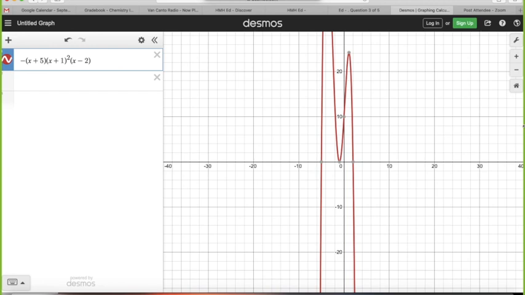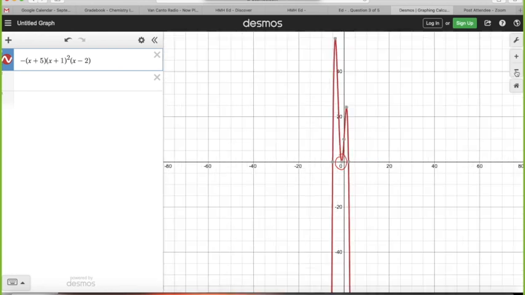So here we have a tangent, and at this point we do have a local maximum.